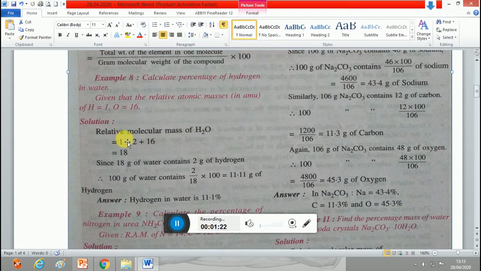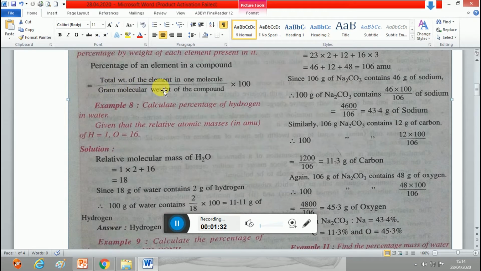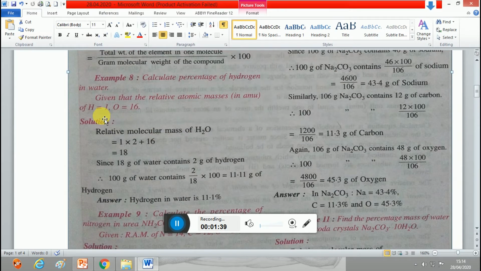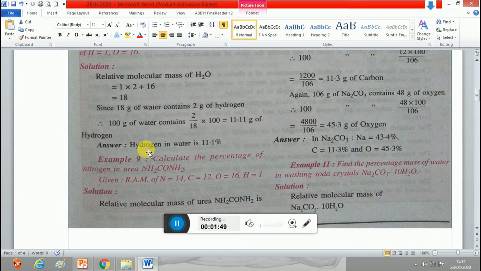Therefore, the relative molecular mass, RMM, of H2O will be 2 into 1 plus 16, that is 18. Applying the formula, the total weight of the element in one molecule divided by the gram molecular weight, into 100%. So hydrogen is 2 into 1 gram, and the total for water is 18. So 2 by 18 into 100. That means hydrogen in water is 11.1%.